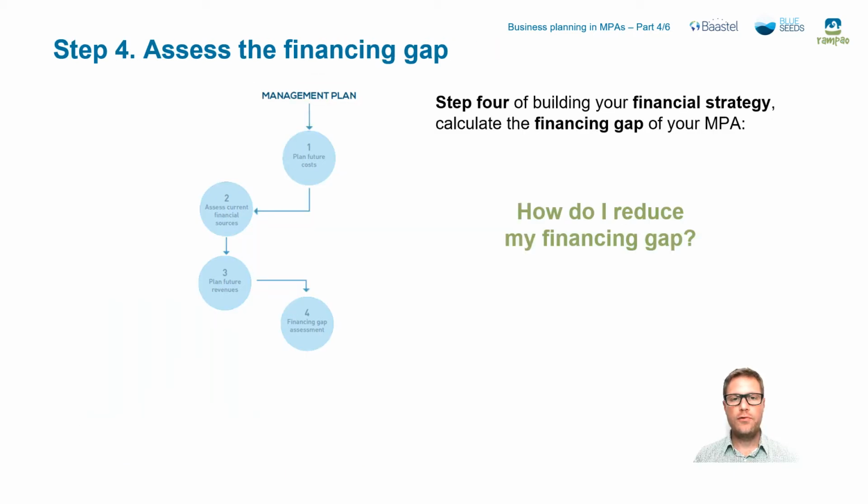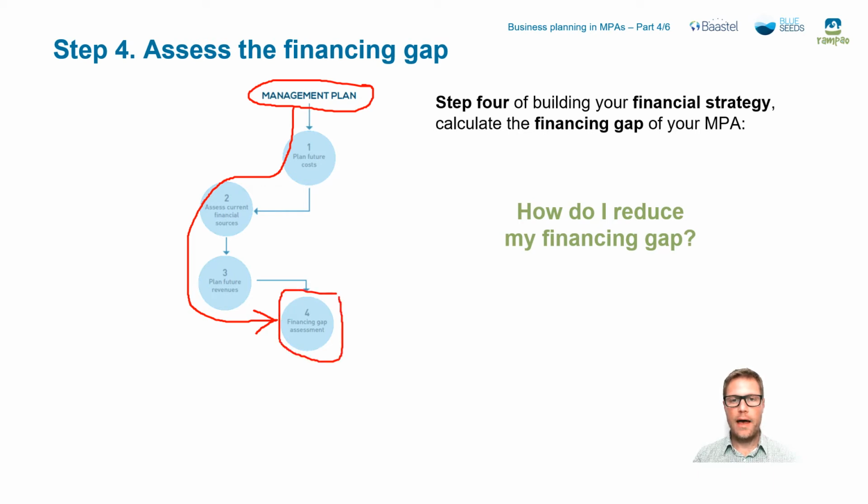So you've currently worked on your business plan, meaning that with your management plan, you've been able to assess, by studying your costs and your revenues, your financing gap. And so if your financing gap is positive, meaning you have a financing gap, the question is now, how do you reduce it?